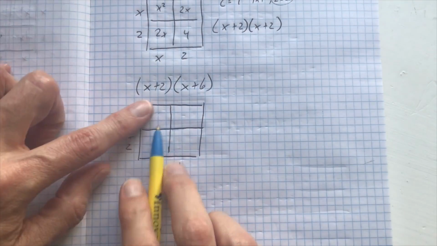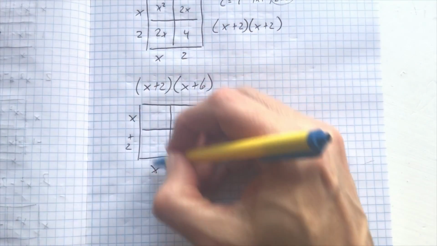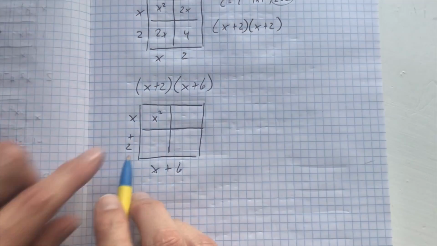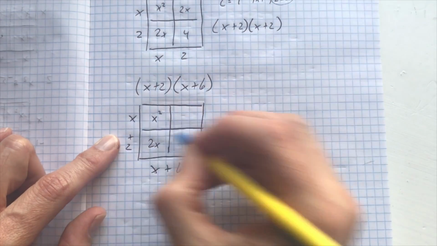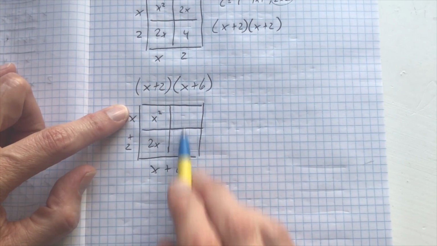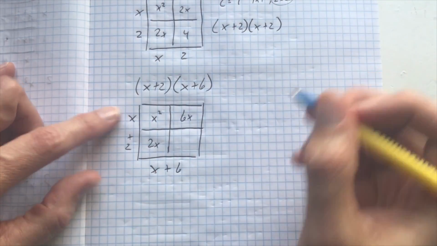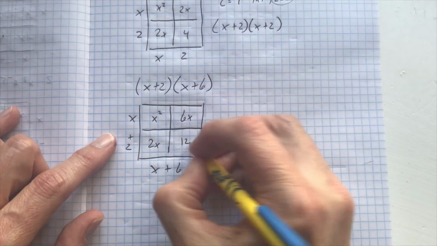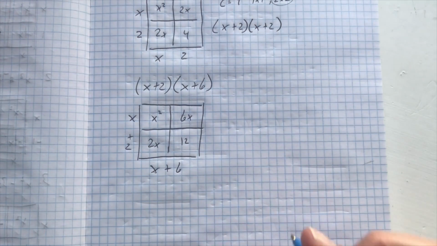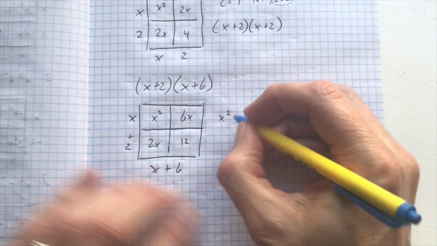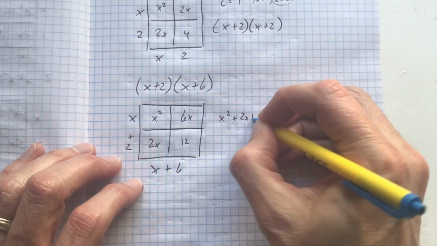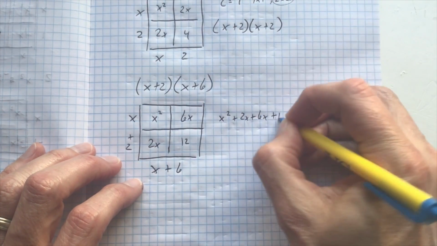And we multiply through to find that out. So x times x is going to be x squared. 2 times x is going to be a 2x. X times 6 is going to be 6x, and then 2 times 6 is going to be 12. And we pull each of those pieces out. So I'd have x squared plus 2x plus 6x plus 12.